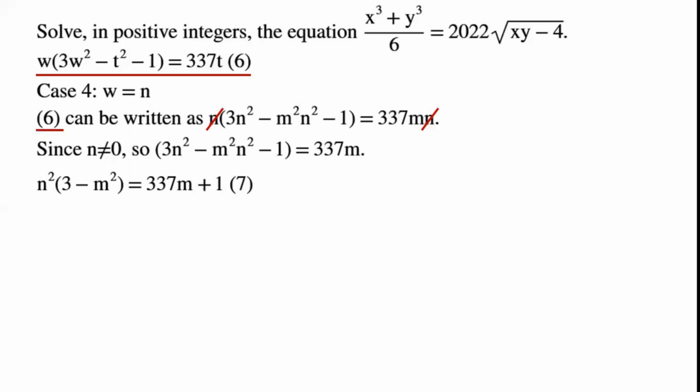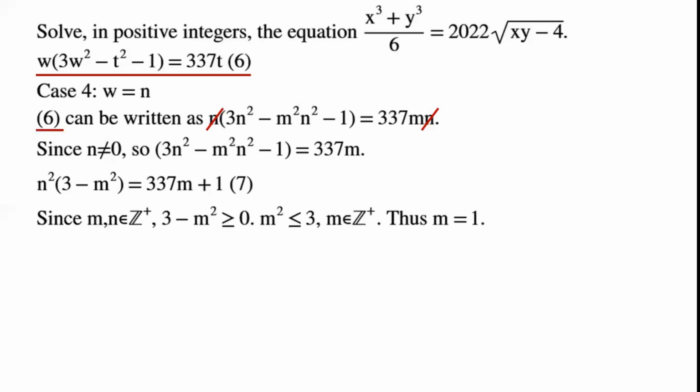By rearranging and factorizing the equation, we can now write n squared times (3 minus m squared) equals 337m plus 1.